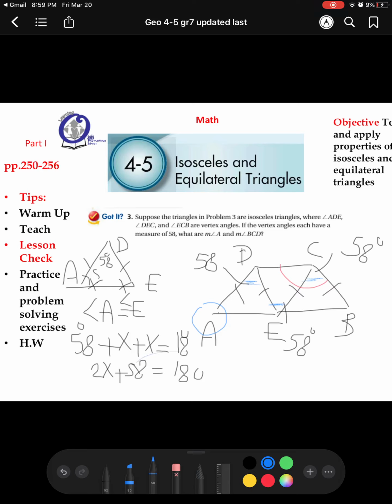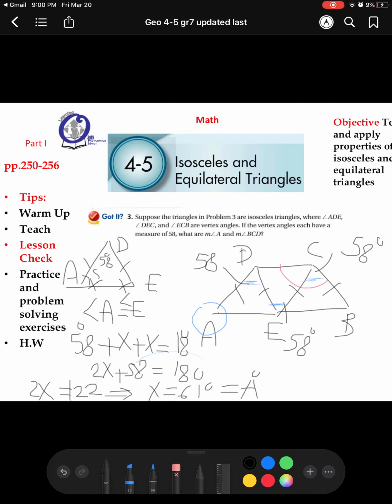If you move the 58 to the other side, 2X equals 180 minus 58, which is 122, right? So if you solve this equation by dividing over 2, you will find that X equals 61, which is the measure of angle A.